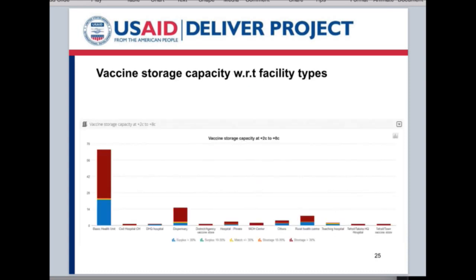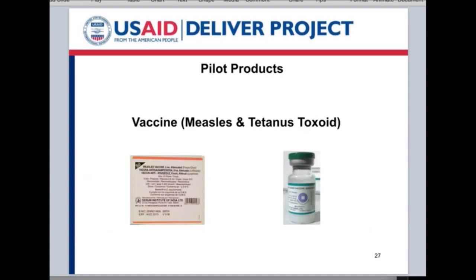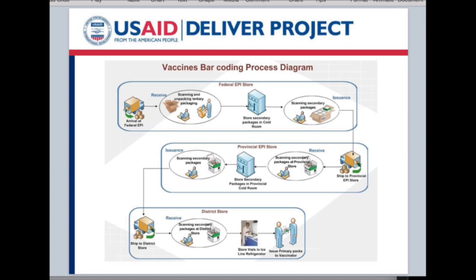And likewise, we have started a barcoding pilot with measles and TT vaccines. You can see that we have adopted a process where we use a barcode scanner, which passively gets the data and then uploads it to the vLMIS.